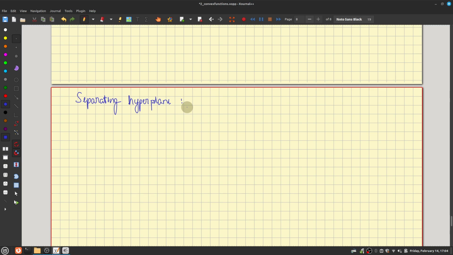If B is equal to 0, then the hyperplane is nothing but the null space of the vector A, and therefore B represents how much you shift away from 0.